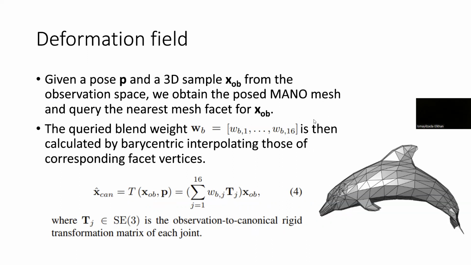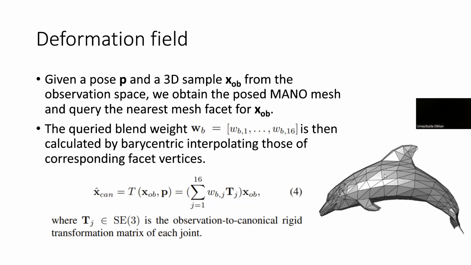Now let's get into the detailed operation. Let's say we have a mesh, for example, this one. Then we want to query a particular 3D point x in this mesh, but this particular coordinate will not exactly be on any of the polygons or any surface of this mesh. So what you do is find the closest facet on this mesh.